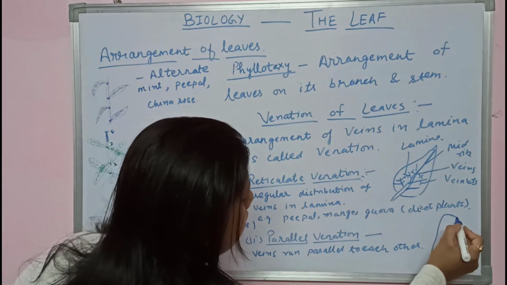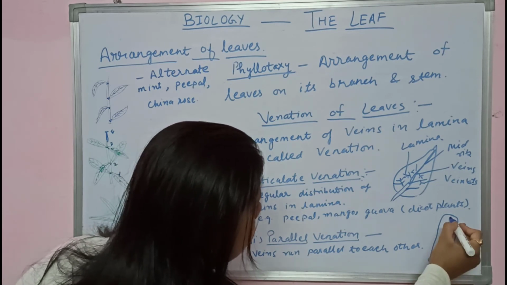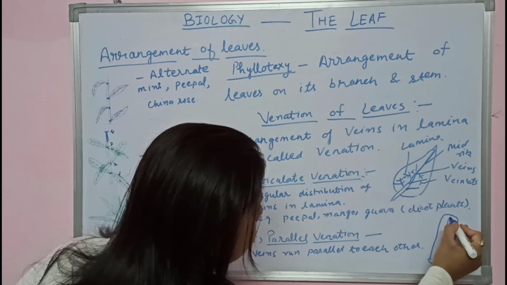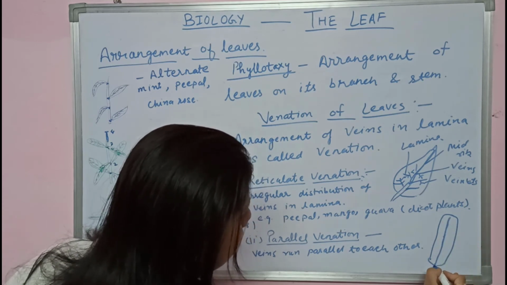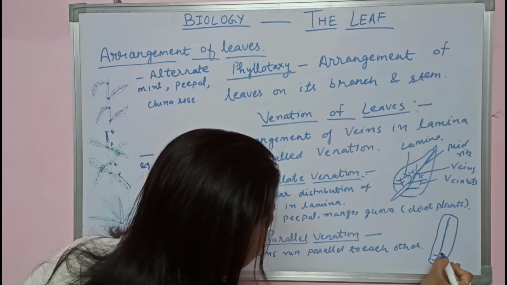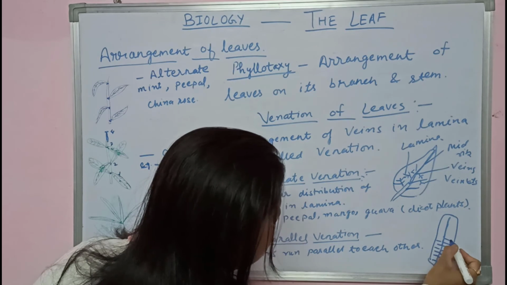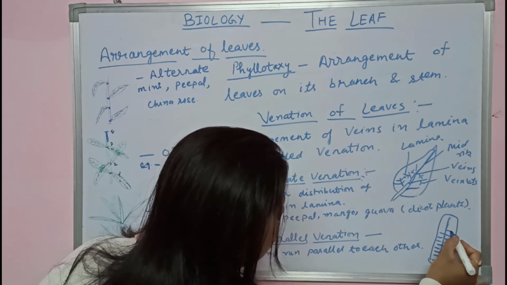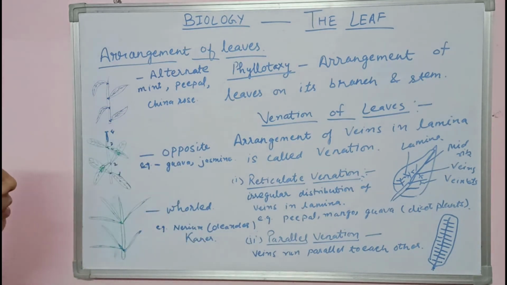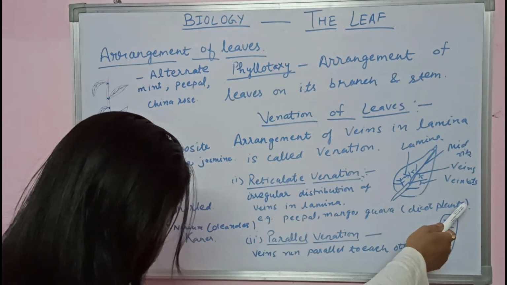As you will see in the leaf of banana, it is the midrib, and the veins are arranged like this, parallel to each other. When you see the leaf of banana, you will find this type of venation. The veins are parallel to each other.